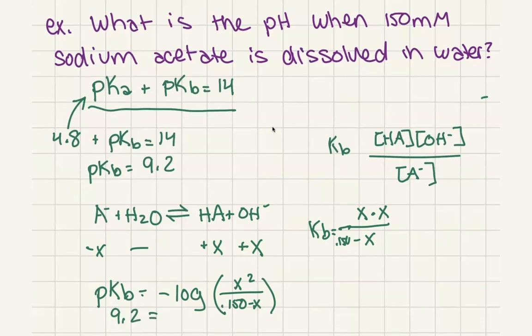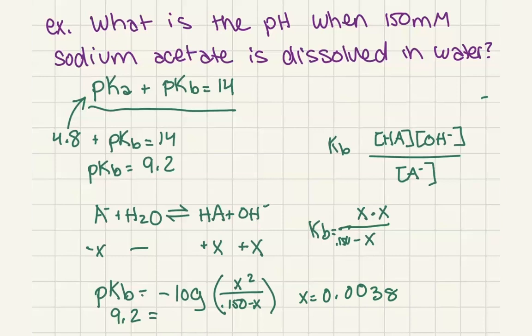If we plug that in and solve that quadratic, as always it's going to give me two answers. In this case, one of them is negative, so I'm going to ignore it. The other one, x, is 0.0038. So what is this x? Well, this x is going to be our concentration of our conjugate acid, and it's also going to be our concentration of OH.